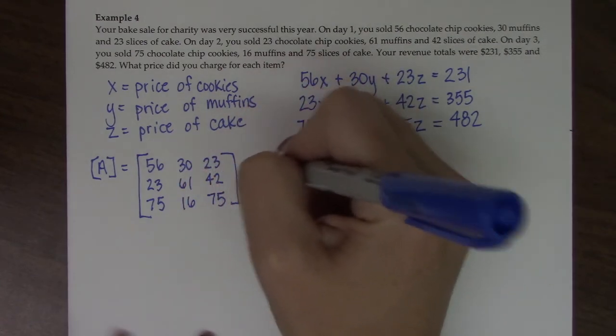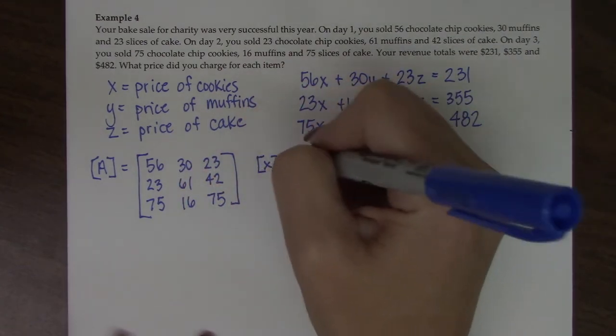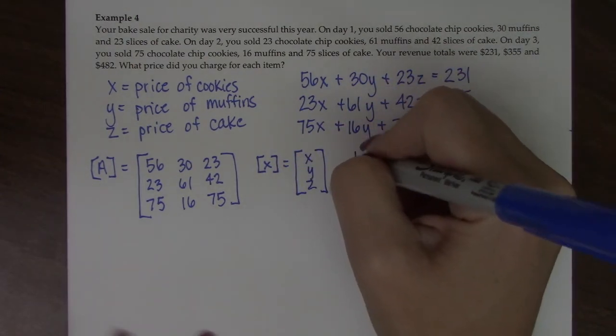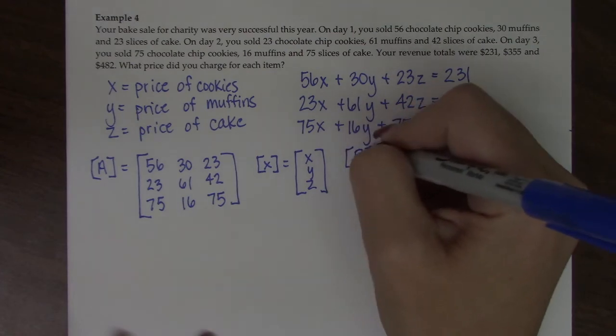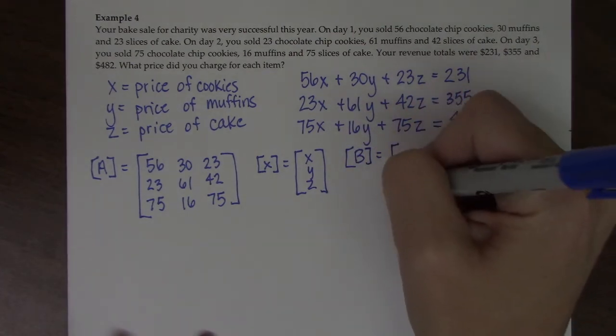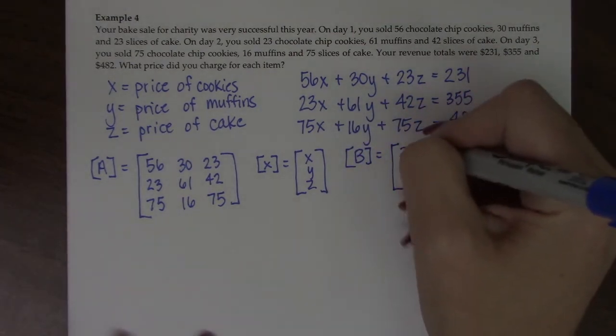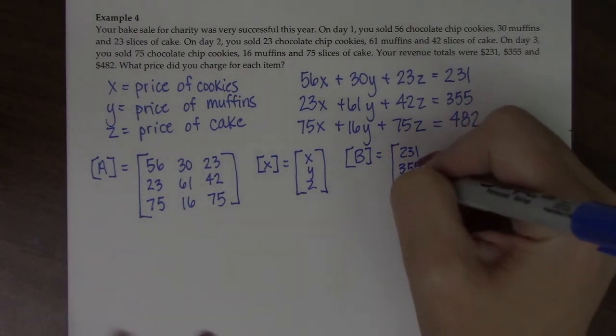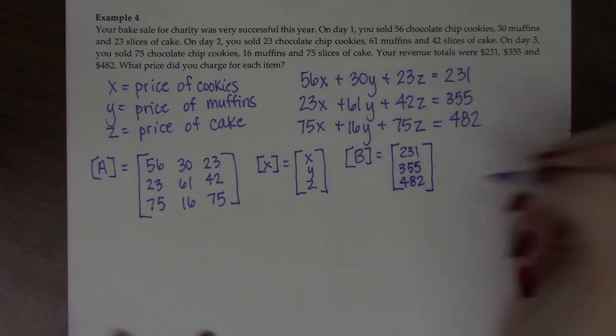Our variable matrix is X, Y, and Z. And our constant matrix is going to be 231, 355, and 482.